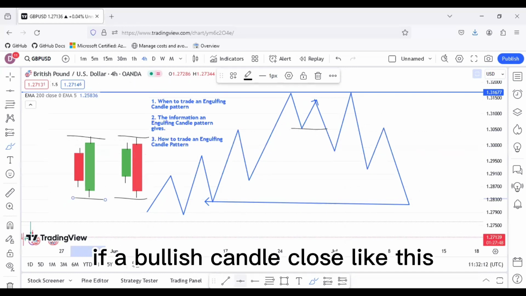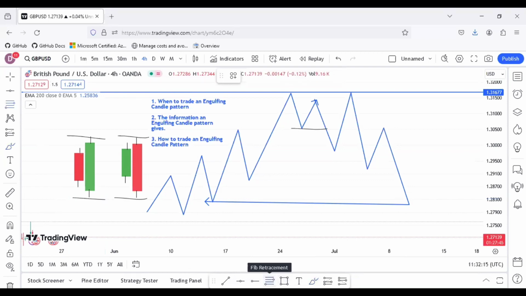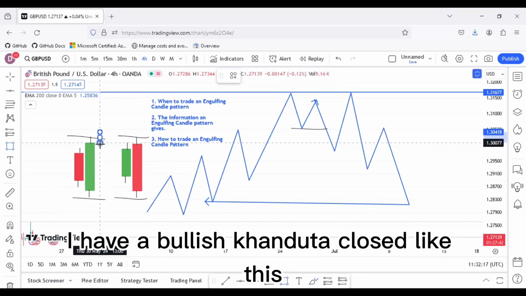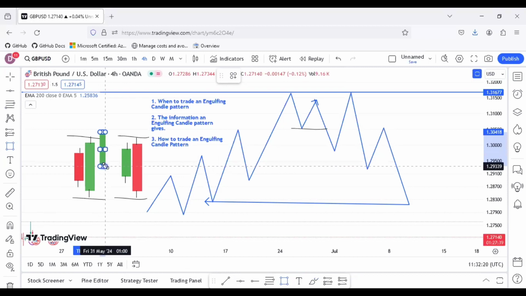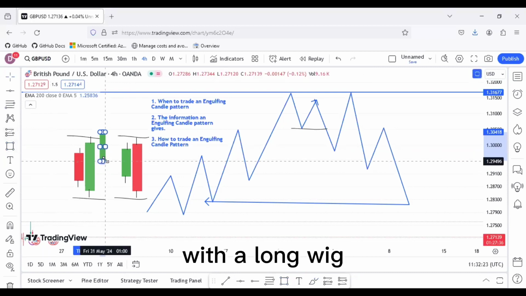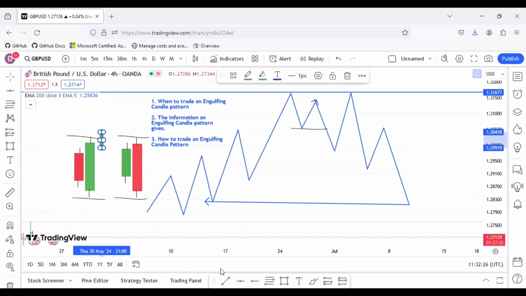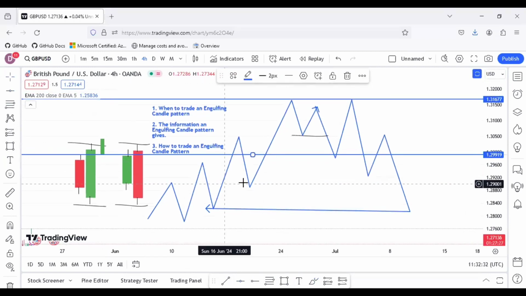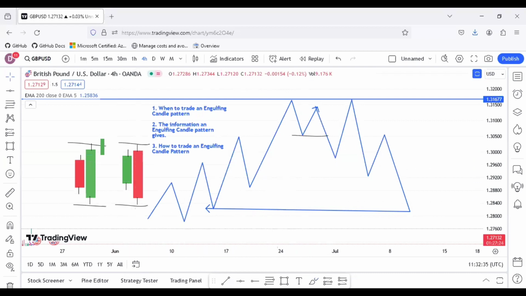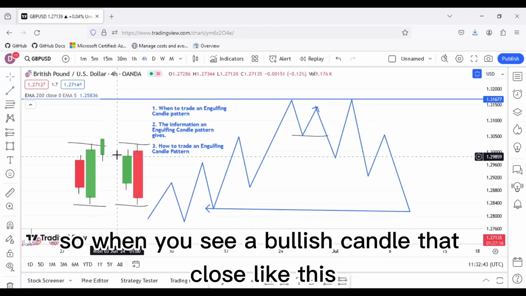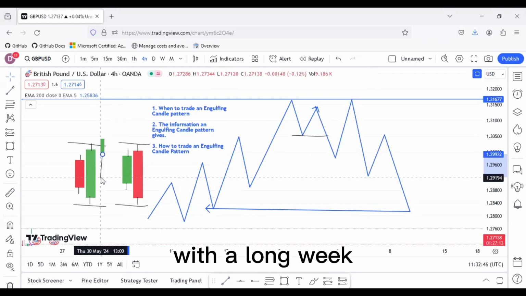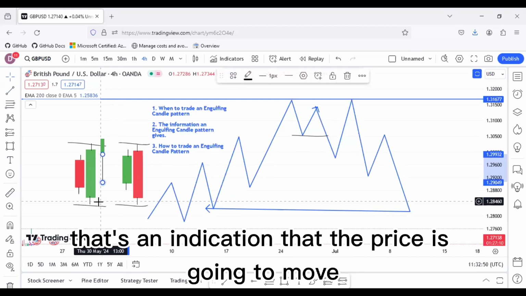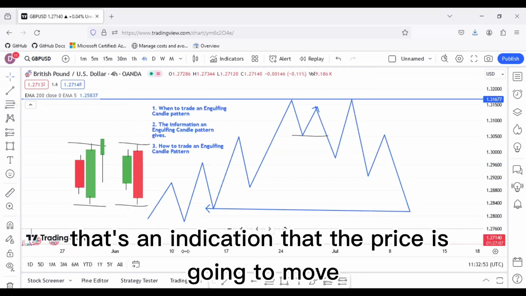If a bullish candle closes, let me quickly show you that. You have a bullish candle that closed like this with a long wick. When you see a bullish candle that closed like this with a long wick, that's an indication that the price is going to move.